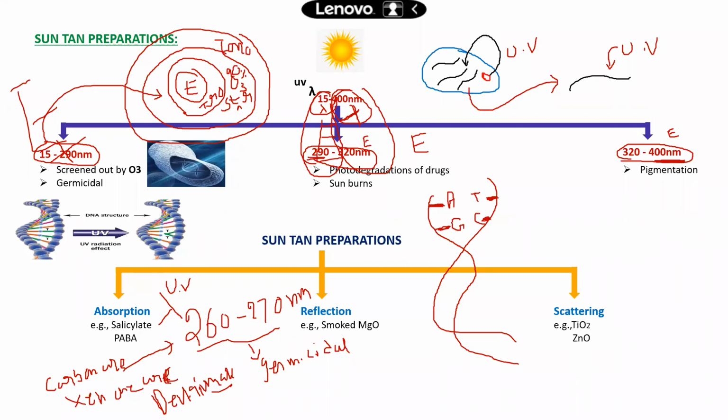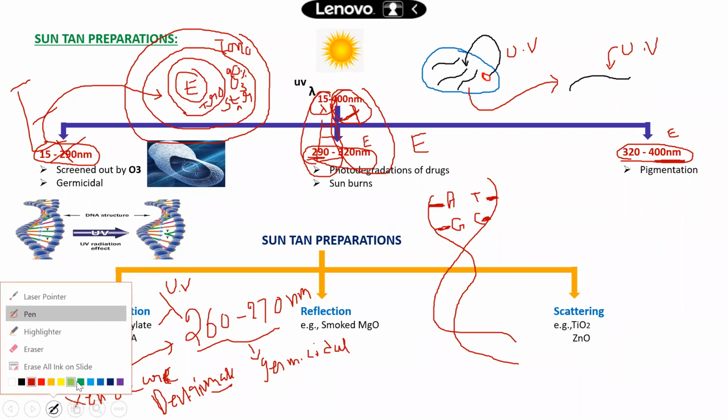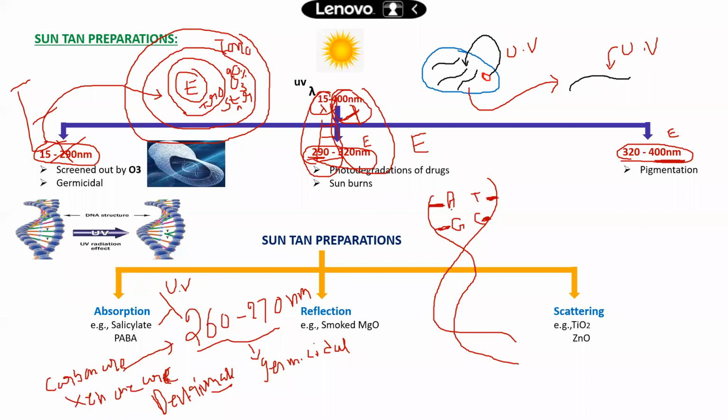So these are the pyrimidines and these are the purines. These two are held with the hydrogen bonds.